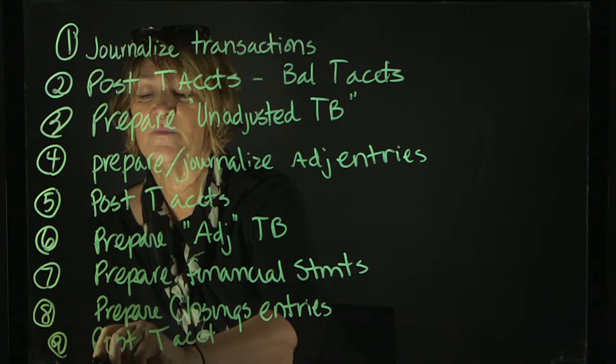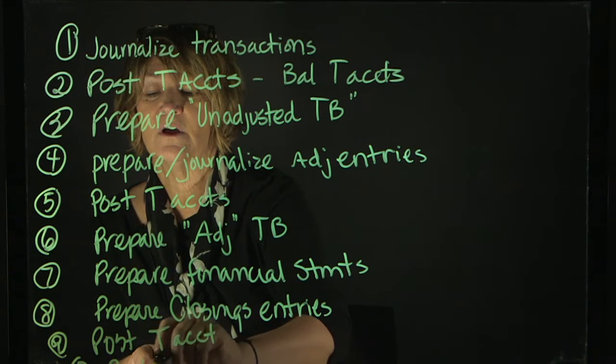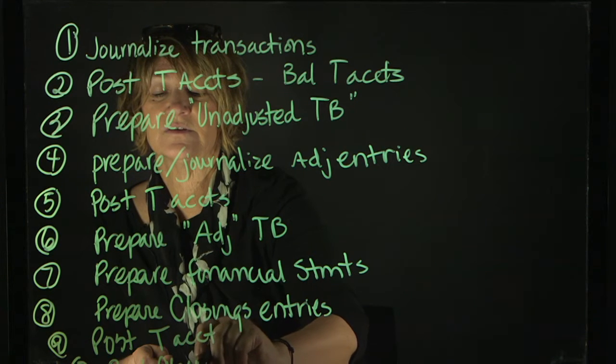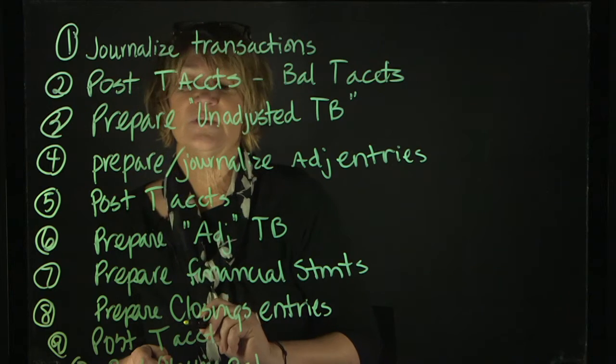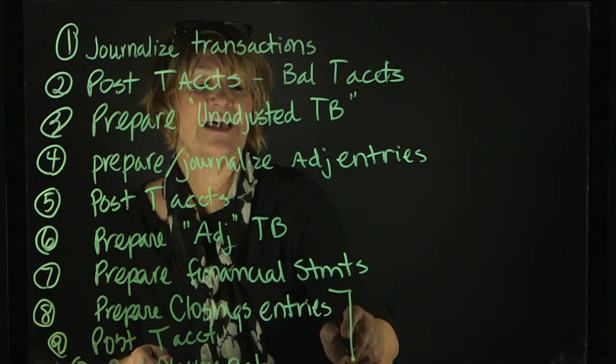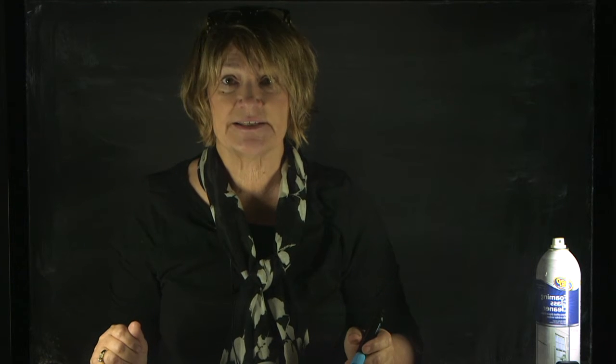Okay. And then number 10 is the post-closing trial balance. So this session is going to cover the last 3 steps in the accounting cycle. All right, moving along to take a look at the closing process.